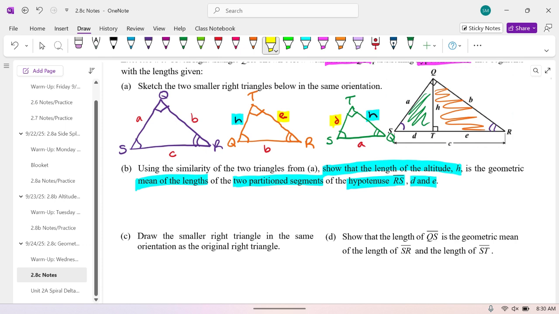So we're using the little letters. So what's one set of corresponding sides lengths? So QT and what is corresponding?